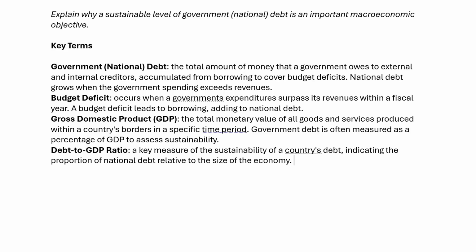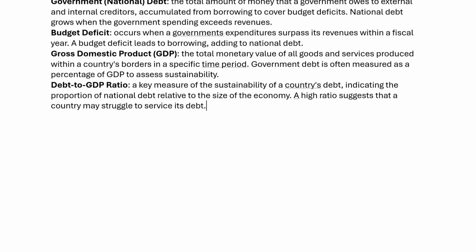A high ratio suggests that a country may struggle to service its debt. Right, so that about does it for the key terms. As long as we've got something along those lines, I think that's sufficient. Let's move on to the next bit where we will draw a diagram to explain some of these concepts.